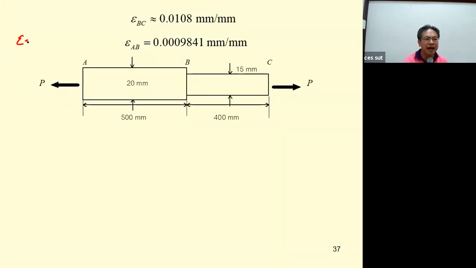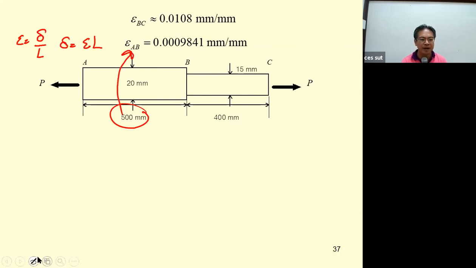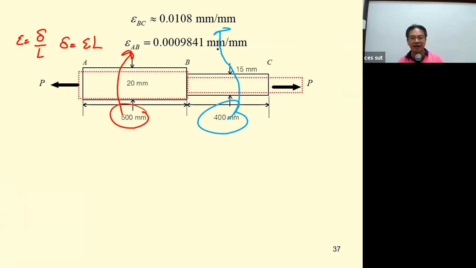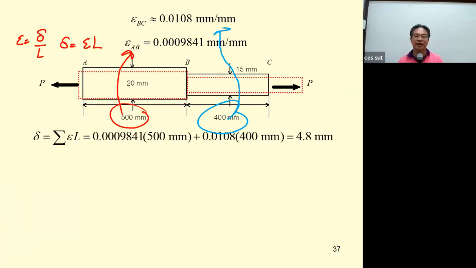Elongation equals strain times L. So you use the strain times the 500 for AB, and for the 400 you multiply by the strain of BC, and then you get the total elongation.